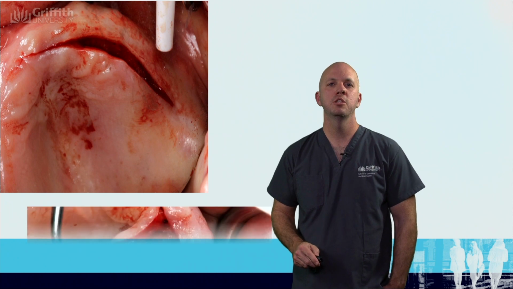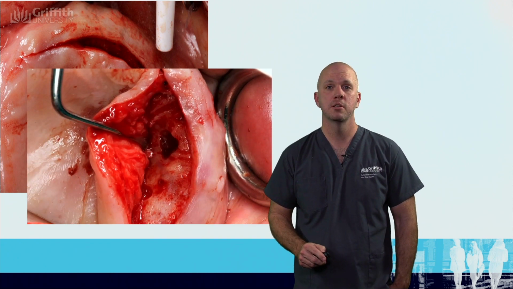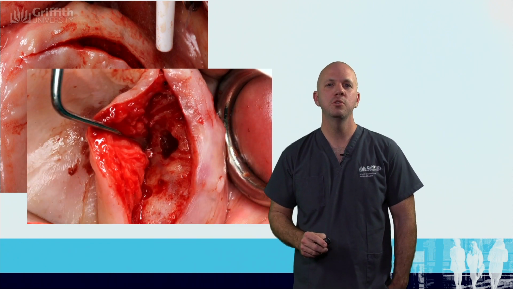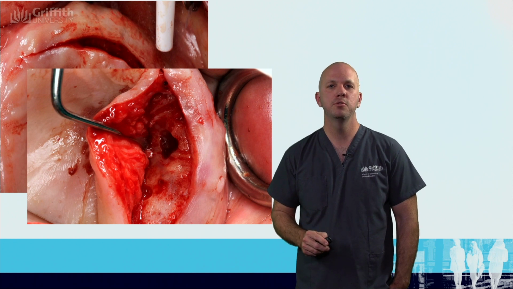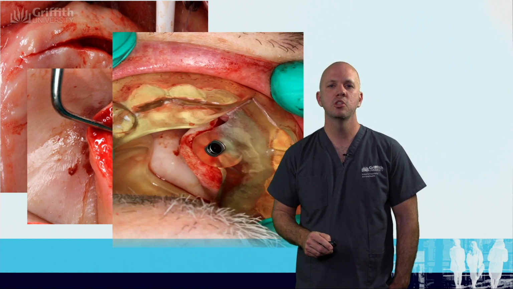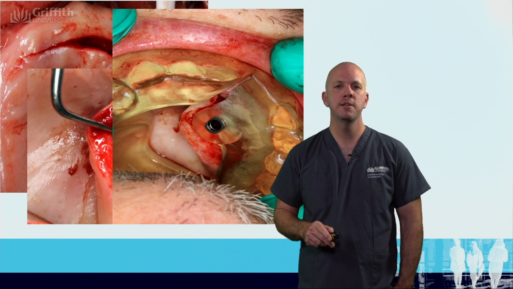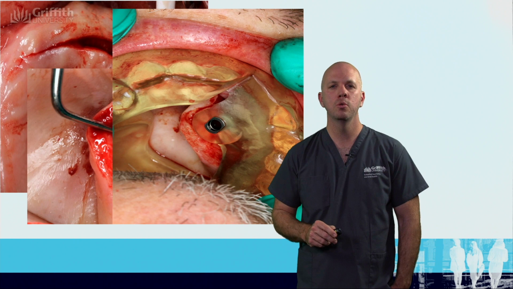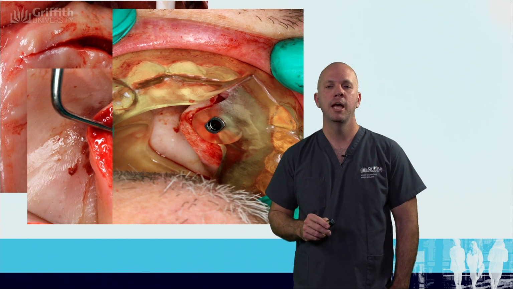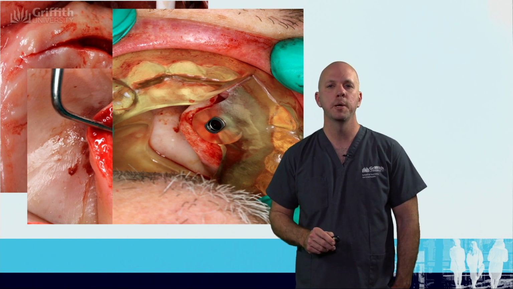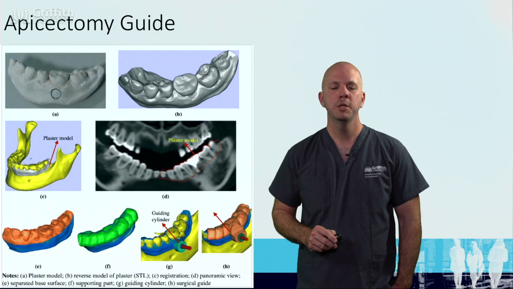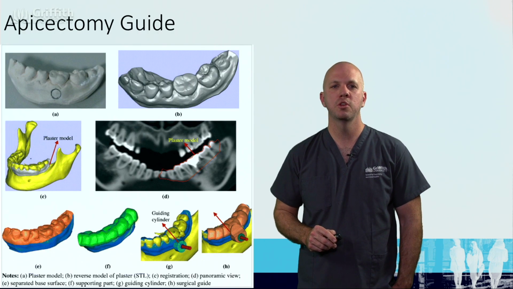Then they need to drill into the bone to remove the cyst. In order to do this accurately, before they've drilled into the bone, they place the surgical guide in place, and this allows them to drill a specific hole on a specific angle to minimize bone loss and also allow the patient to heal quicker.